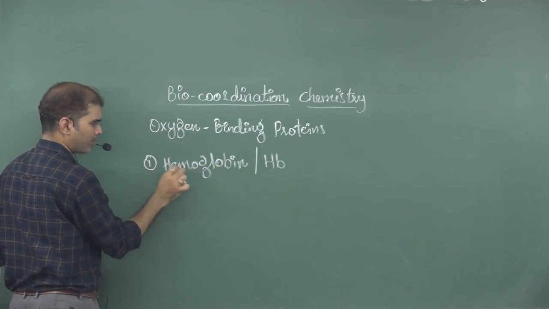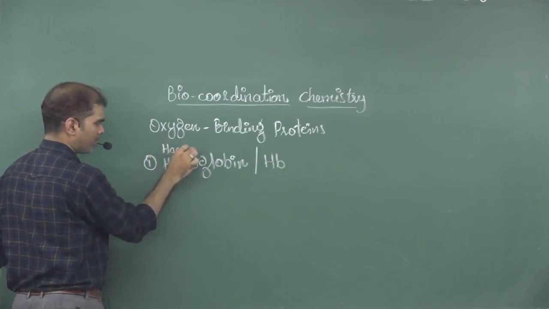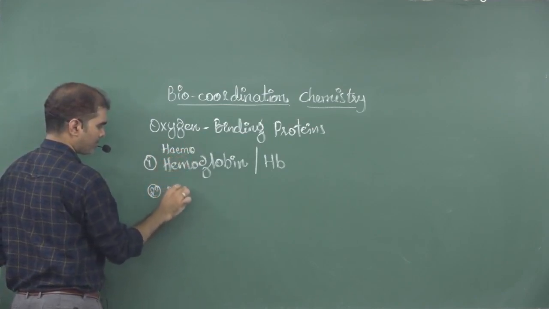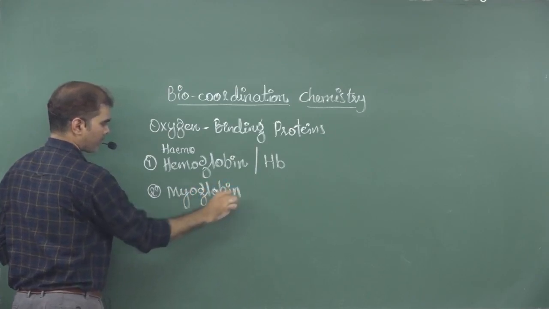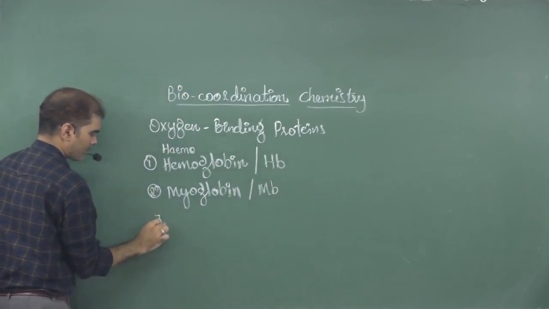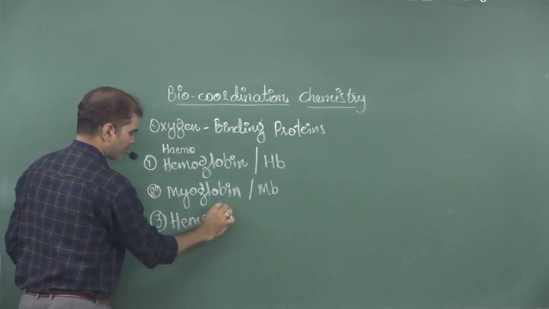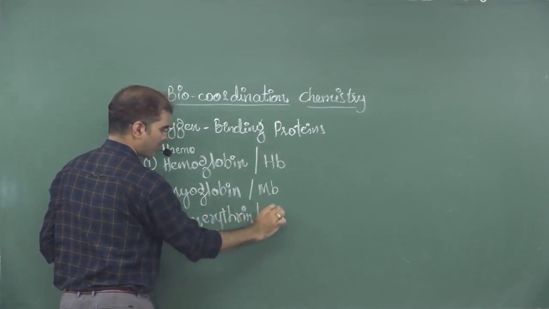HAEMO or HEMO, they are one and the same. In some literature you may find it as HAEMO, in olden books. HEMO, both are correct. Myoglobin is abbreviated as MB. Hemerythrin is abbreviated as HR.